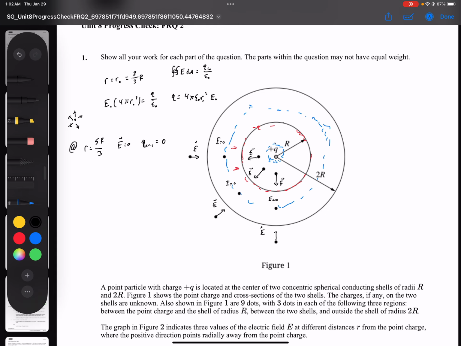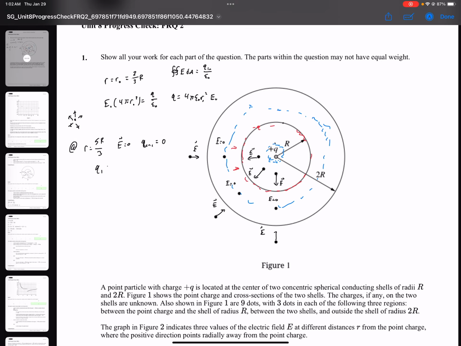And the only way for that to be possible is if I have a charge of negative Q on this first conductor. Right? So that's the rationale. So I know that the Q of this conductor has to be equal to the negative charge of the point charge in the middle.